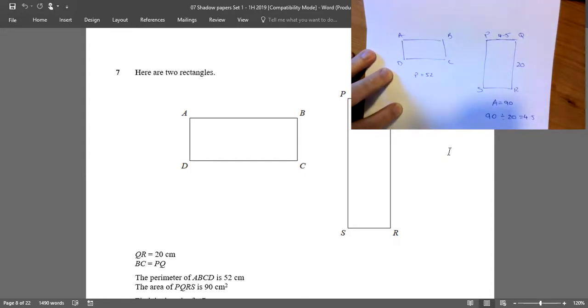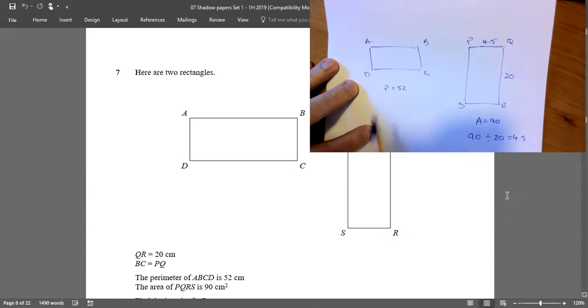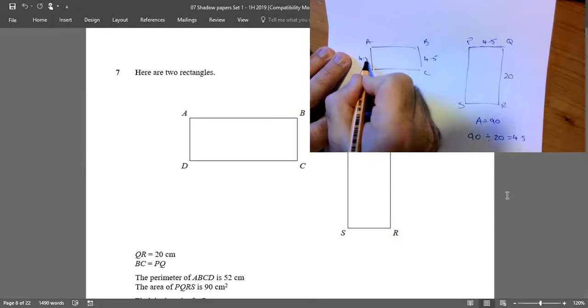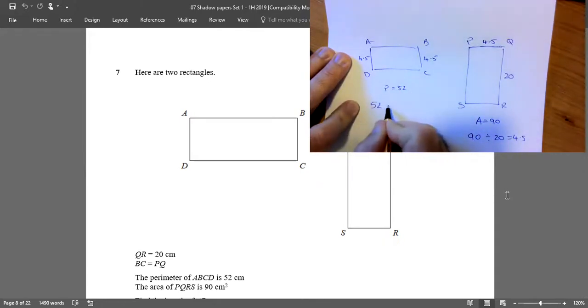So we should then know this is 4.5. So 52 minus the total of 9 gives me 43. 43 divided by 2 gives me 21.5 centimeters. That's the length of AB.